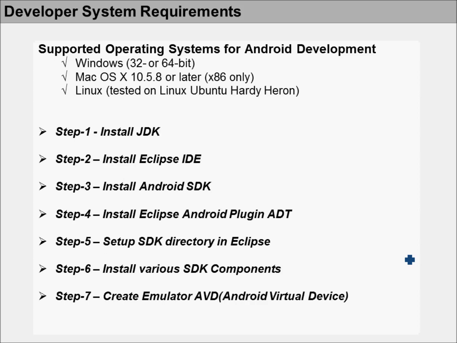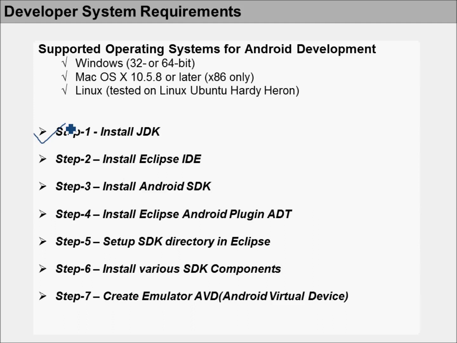Now to set up the SDK development environment, there are 6-7 steps. All of them are small steps, but generally I recommend that people please go sequentially like this so that your life becomes much easier.